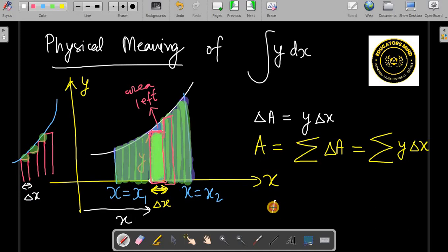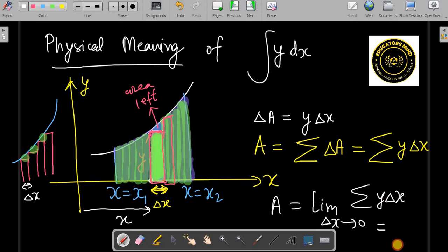So that's why the exact area A will come as applying the limit delta x tends to 0 on this summation which we are doing. Okay, now this is what is called integration of y dx, and of course integration you are taking between the limits, so there will be x1 which is the lower limit, and x2 which is the upper limit.